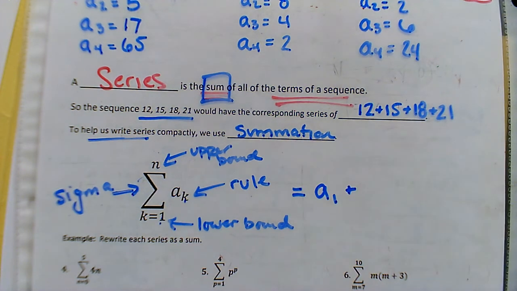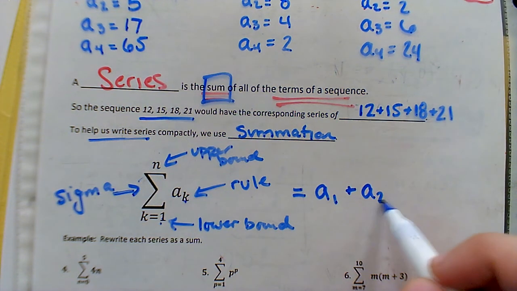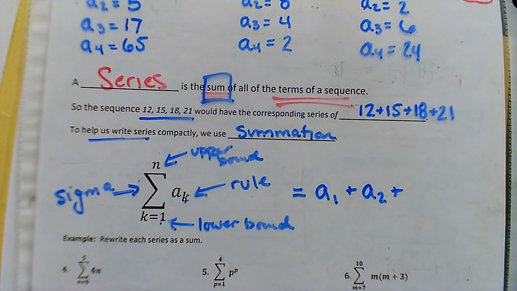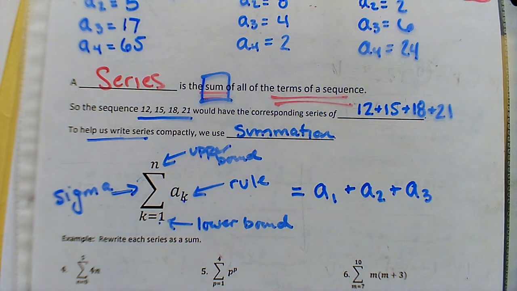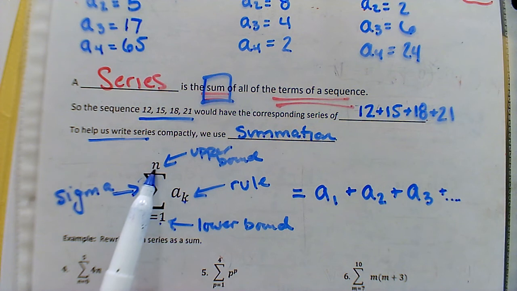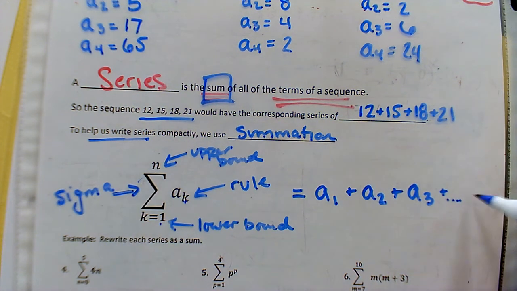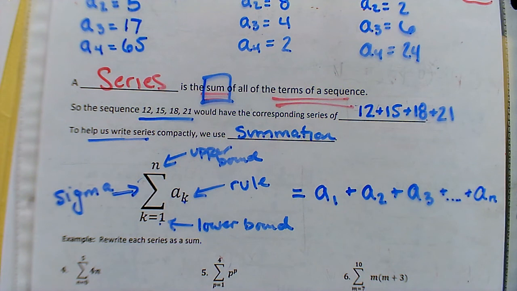And then we're going to add what we get when we plug in 2, which is the next integer. If we plug in 2, we would have a sub 2. We're going to add the next integer we plug in, which would be a sub 3. And we're going to complete that process until we reach whatever upper bound we have, which would look like a last term of a sub n.